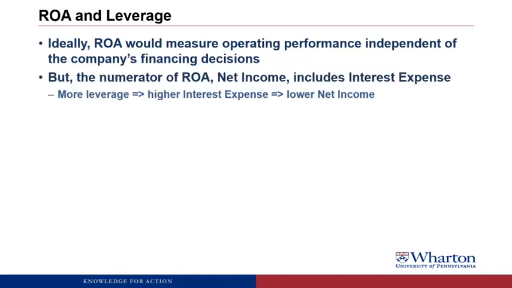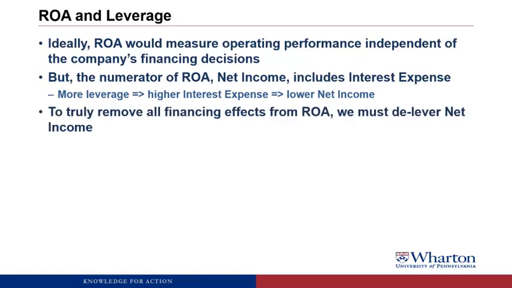The problem is that the numerator of ROA, net income, includes interest expense, which means that the more leverage you have, the more debt you take on, the higher your interest expense, and interest expense reduces net income. So if we just use net income as the numerator of ROA, it has a leverage effect in it because it includes interest expense.